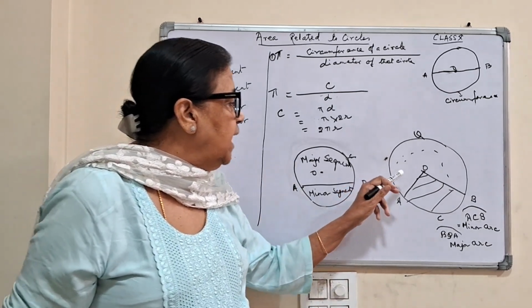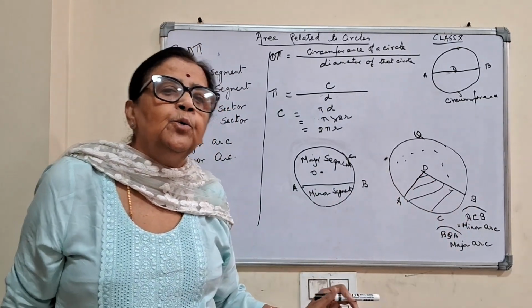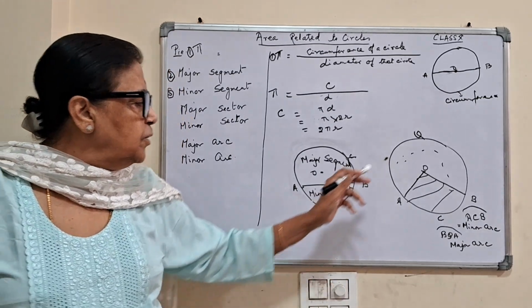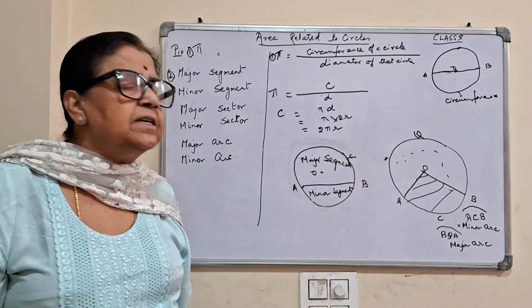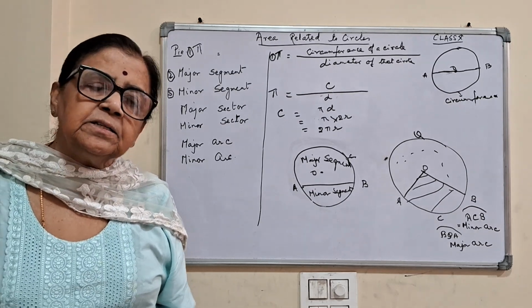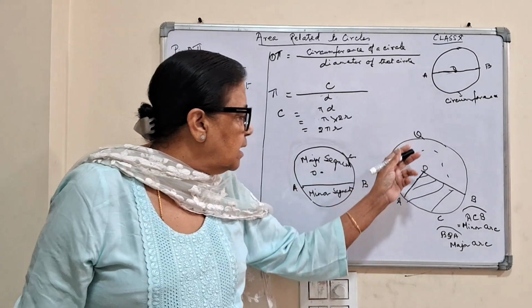Then OA and OB are two radii. When I draw this, it divides the circle into two parts. One is the minor arc, another is the major arc.